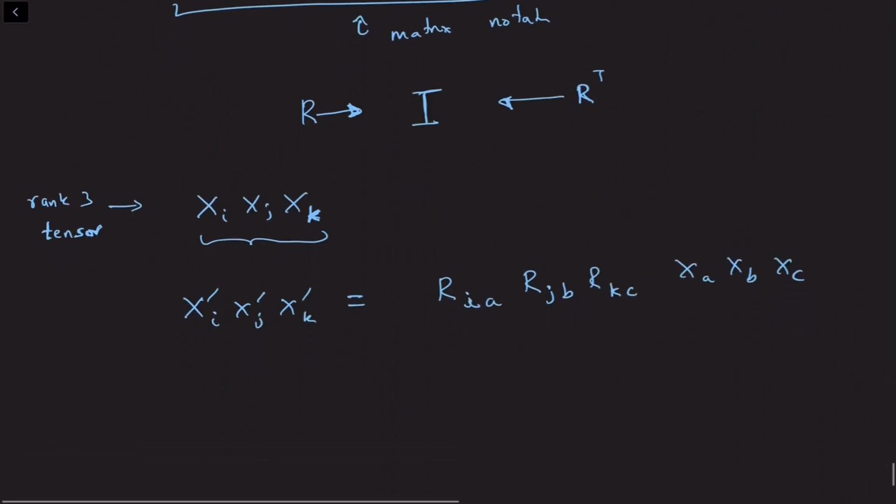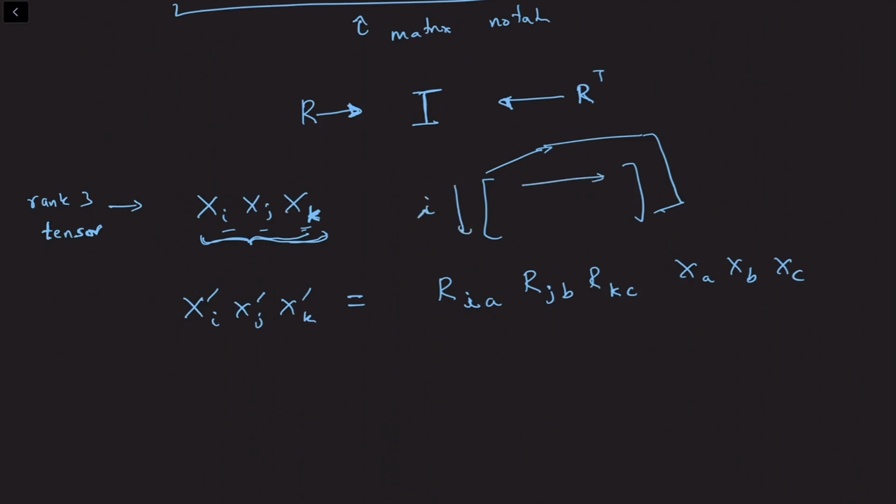Now, this is a more complicated object to look at in anything other than index notation. If I want to imagine what this object is, I have to think of it as a 3-index object. So unlike a matrix, I have to think of this as a cube of values with, let's say, the index i describing the rows, the index j describing the columns, and k describing the depth.